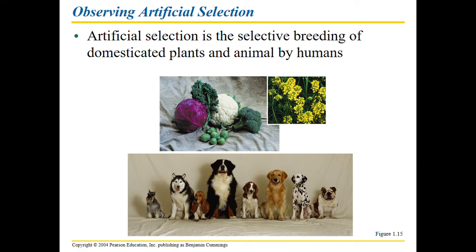So we removed that alpha hierarchy that wolves have, because we don't want alphas as our pets. We want the friendly, happy-go-lucky dogs that we call our best friends. So that is one area of artificial selection.